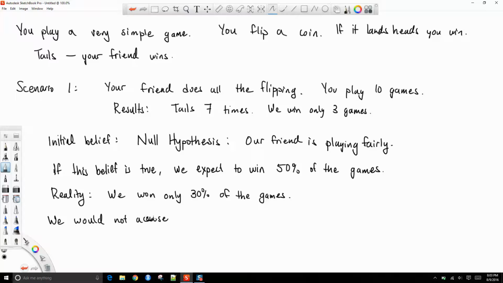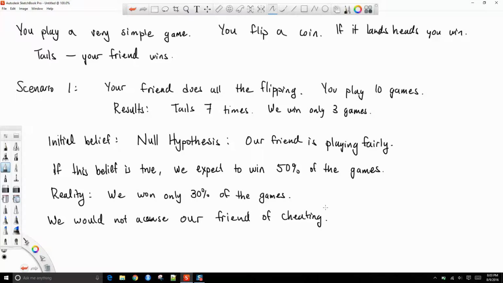Is there one C? Okay. Accuse our friend of cheating. Is it possible that he's cheating, and that's why he won 7 games out of 10? It's possible, but right now, after playing 10 games, we don't really have evidence either way.